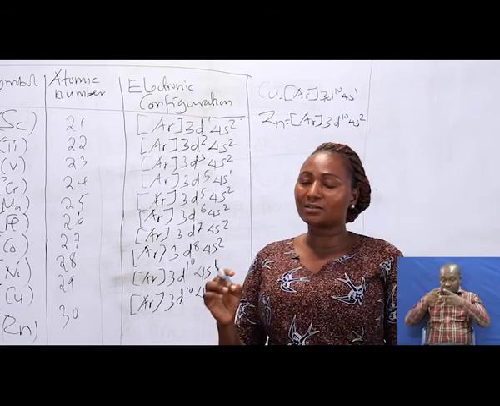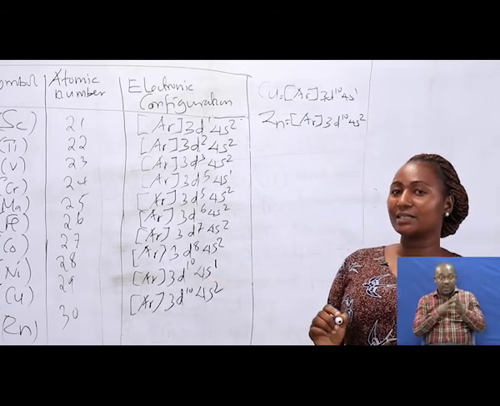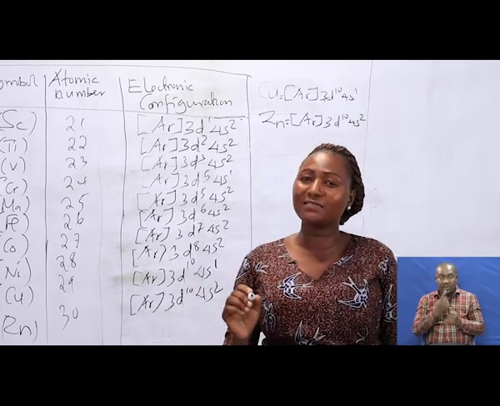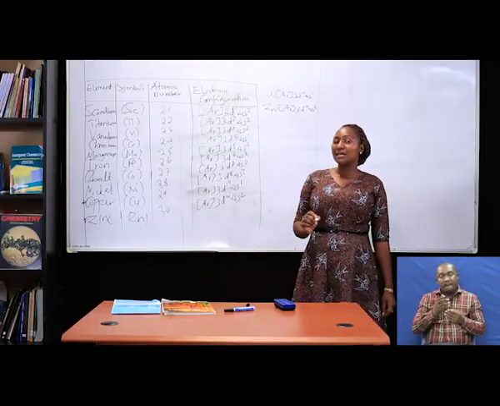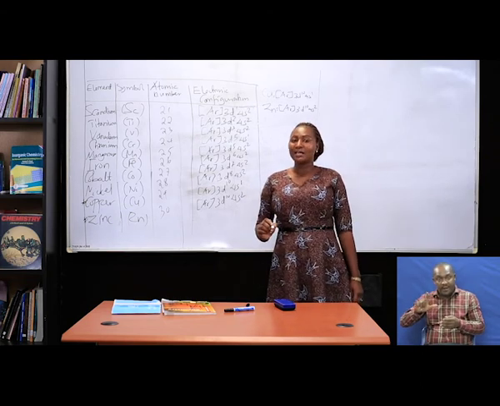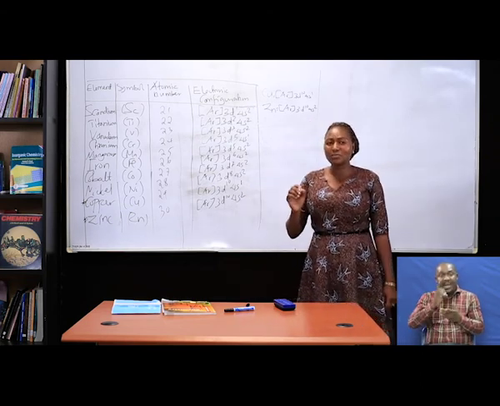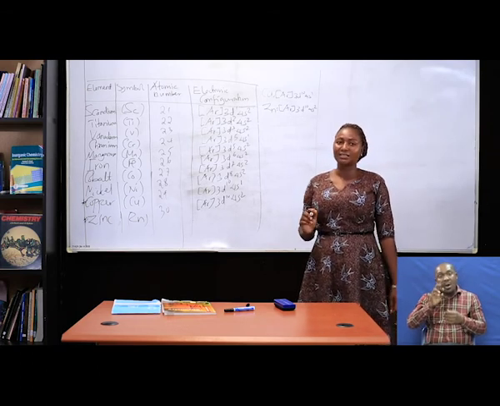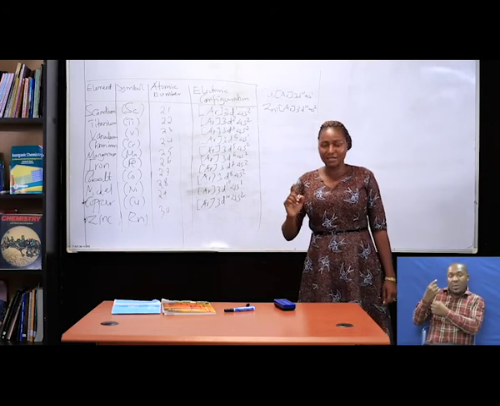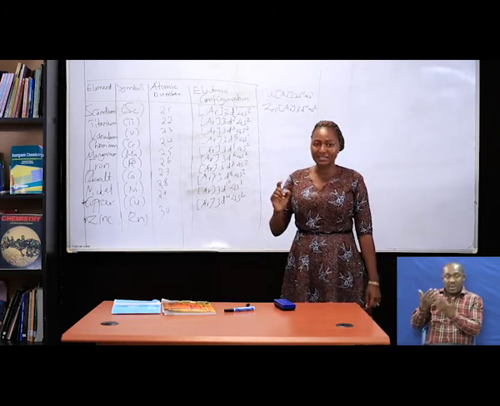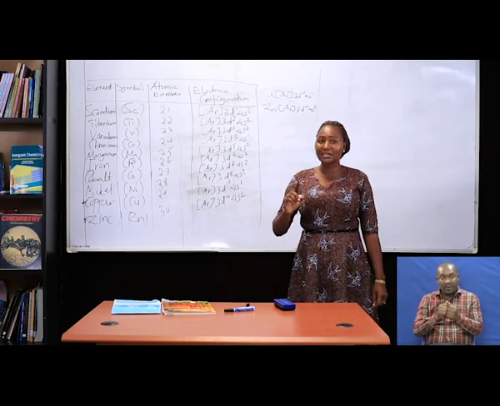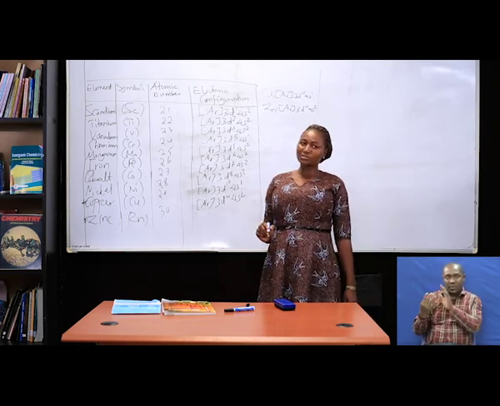Okay, let us recall the definition of a transition element. I said transition elements are elements with a partially filled d orbital. That means the d orbital must be incomplete. The d orbital must contain at least one electron, or those elements can form ions which have at least 1 to 9 electrons.